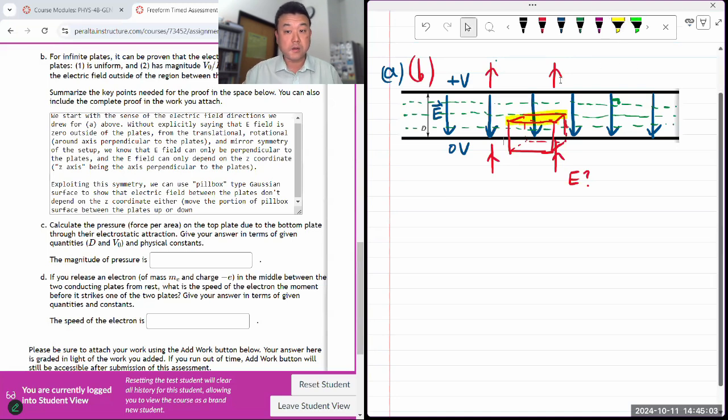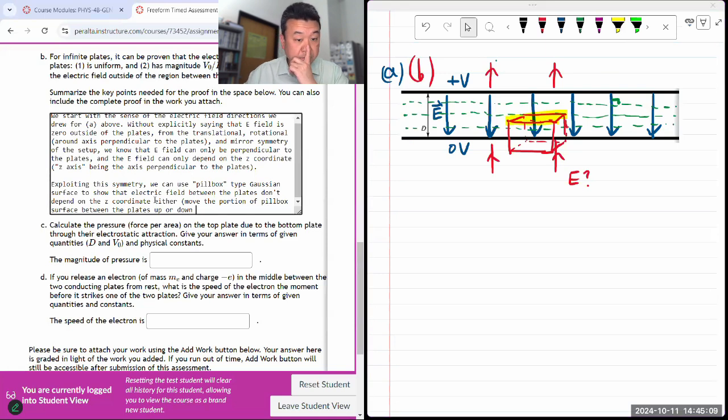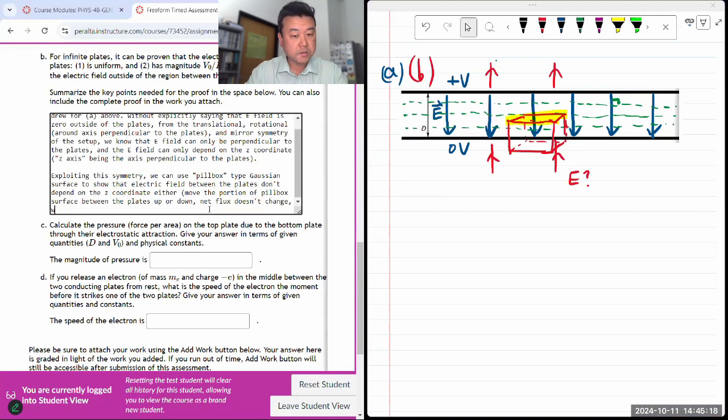As you do, the flux doesn't change, which means the electric field through this surface must not be changing. Move the portion of the pillbox surface between the plates up or down. Net flux doesn't change, which also means the electric field doesn't change. Gaussian surface to show.